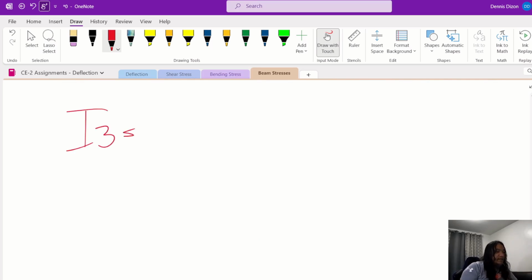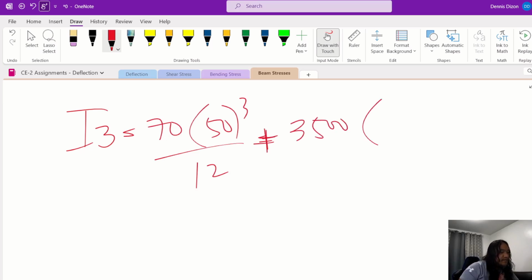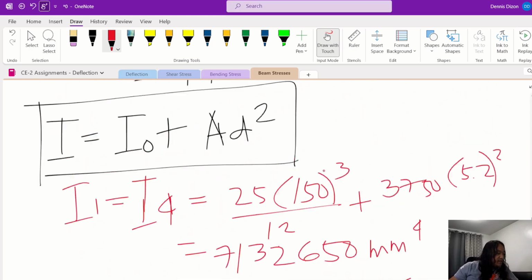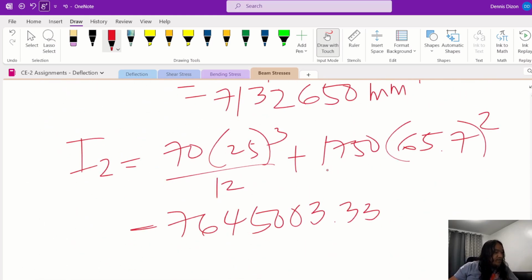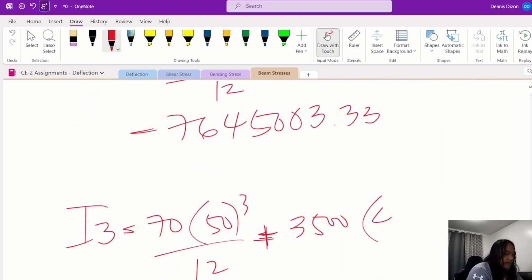And then lastly, I3. So I3 is 70 times 50 cube over 12 plus 3,500 times D3, which is 44.8, squared.